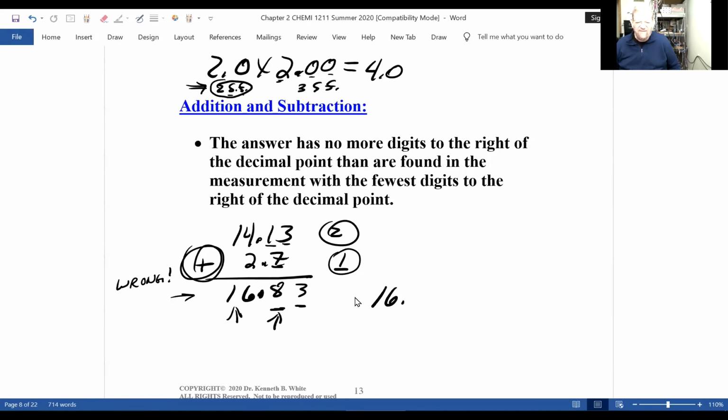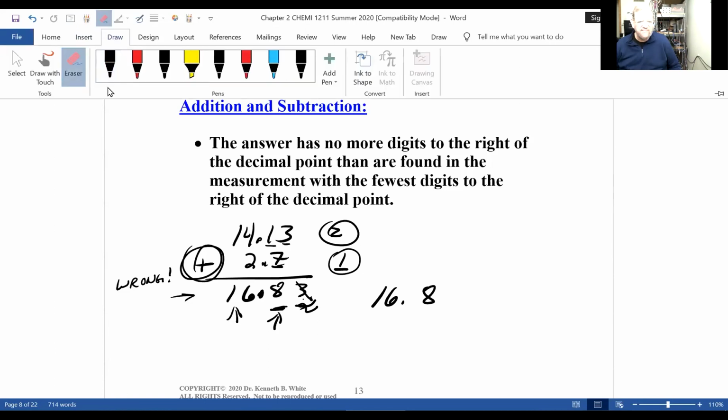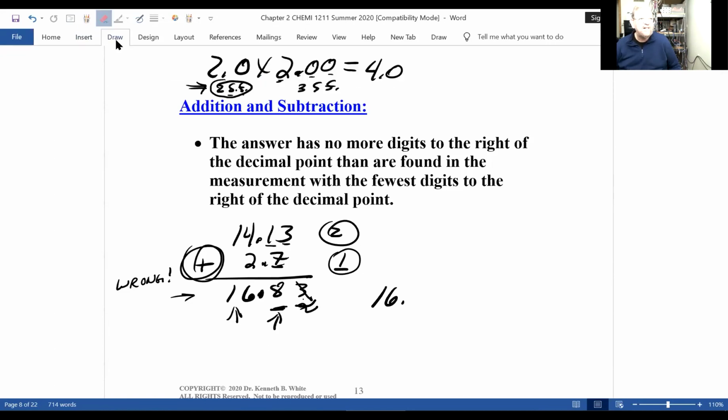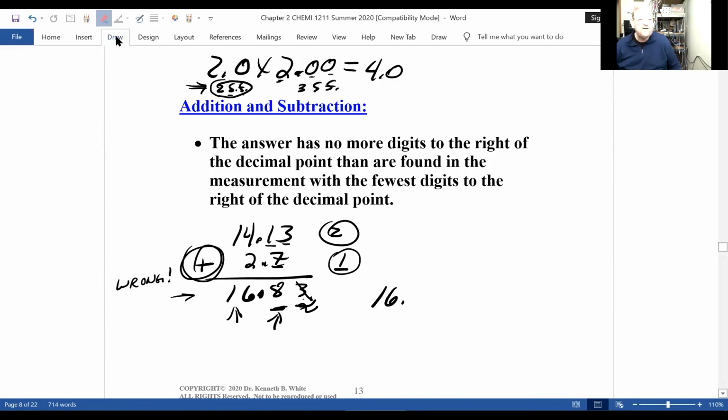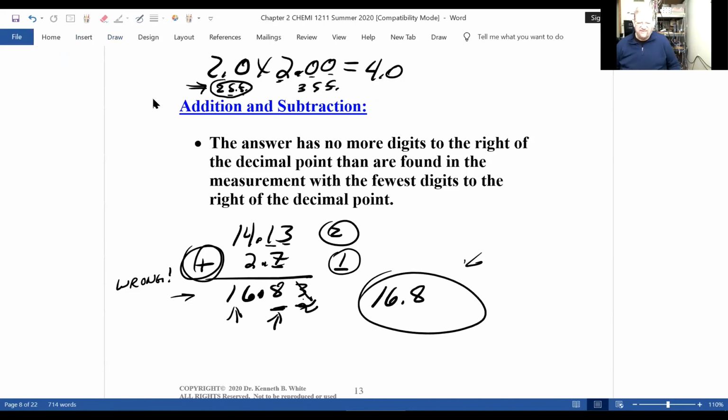How do you round off 0.83 to 1 digit? Keep the 8, look at this to round off. That's 4 or less, so I'm going to drop it. It'd be 4.8, and that would be the correct answer. And that's how you do addition or subtraction.